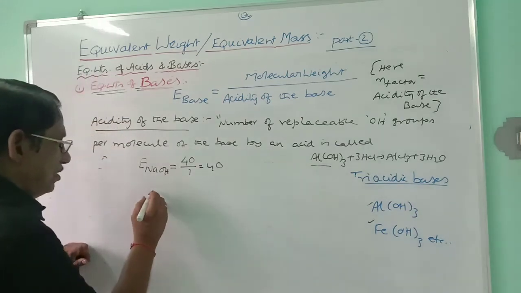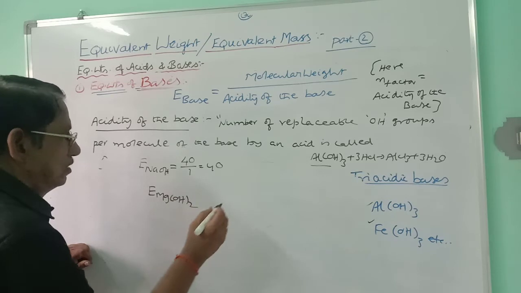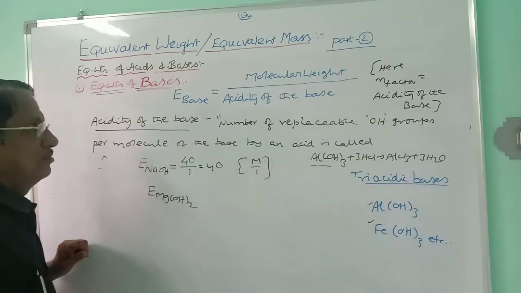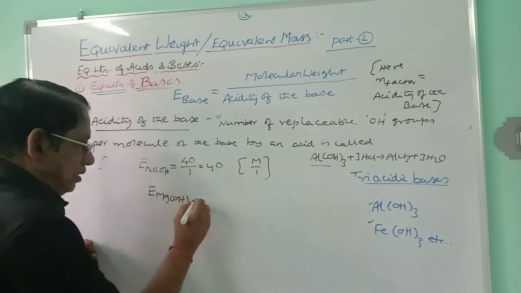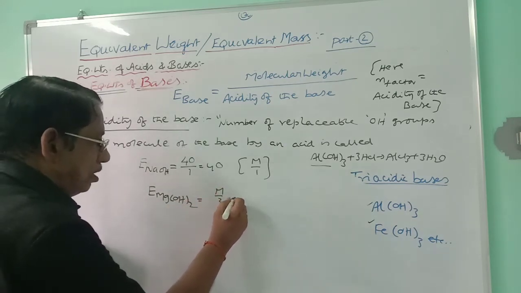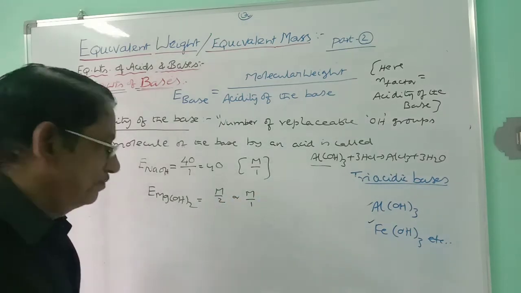On the other hand, if you take E of Mg(OH)2, it is not always M by 1, where M is the molecular weight. E of Mg(OH)2 may be M by 2 or M by 1, depending upon the nature of reaction there.